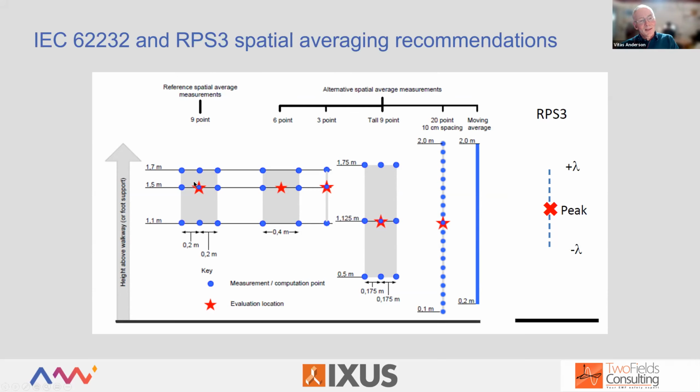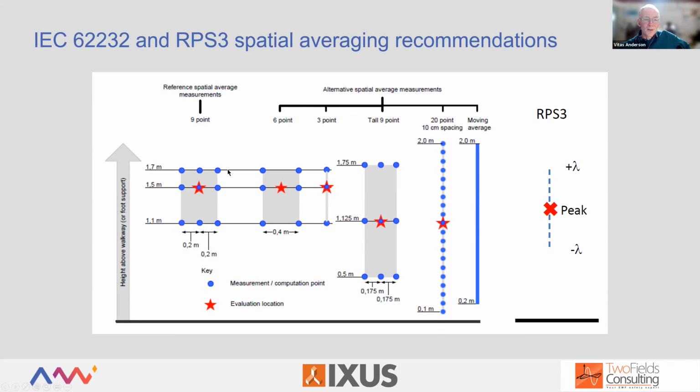If you're facing the antenna, presumably you'd orient the plane of the points facing the antenna, but you may have multiple antennas, so how you orient it becomes quite confusing. So these schemes are really quite useless for complying with the new RPS S-1 and indeed the ICNIRP limits.